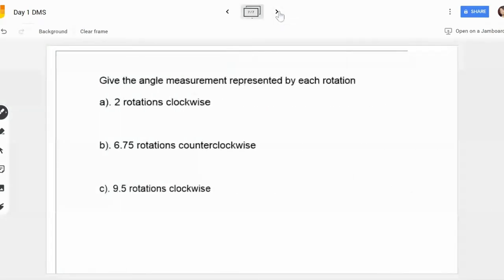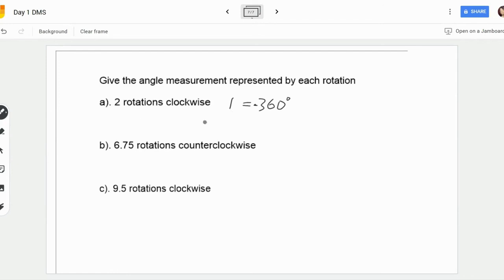Right, and there's just one more part of this lesson, where we briefly talked about how angles of rotation clockwise are negative, and each rotation is 360 degrees. So one rotation is 360 degrees, and in this case it's negative.